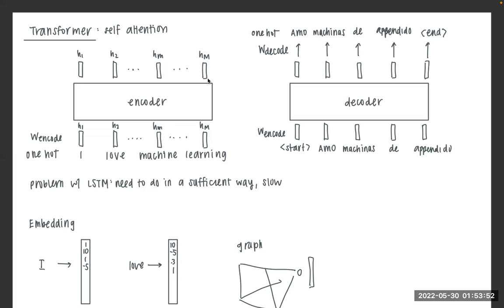Then you have an encoder, which is a box. We will open this box later on. So we have the encoder that encodes the initial embedding into those final embeddings. So here I use h_m to denote the embedding of the mth word. And then you have the final embedding.